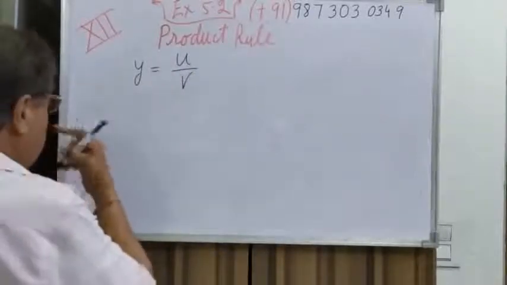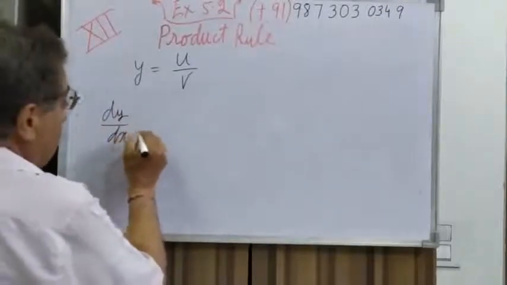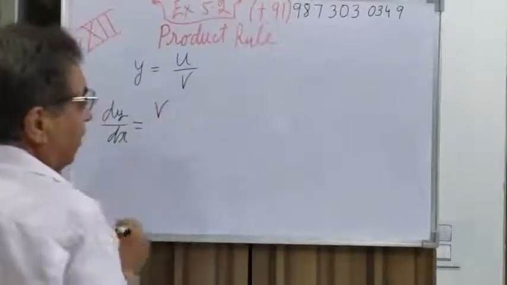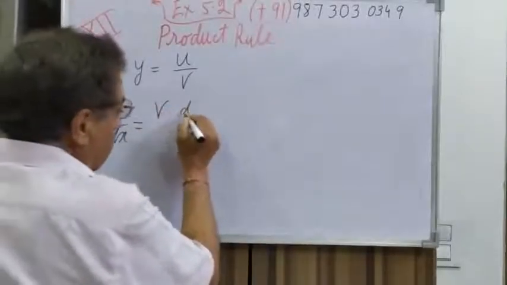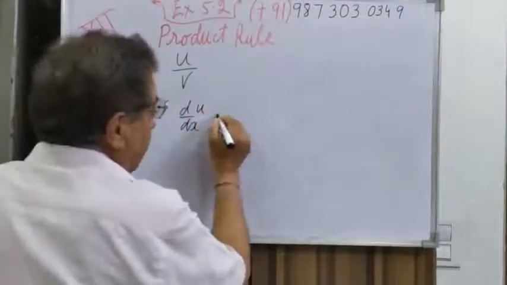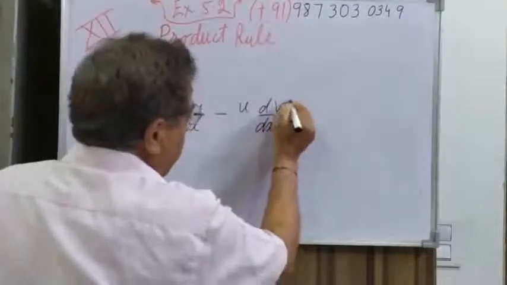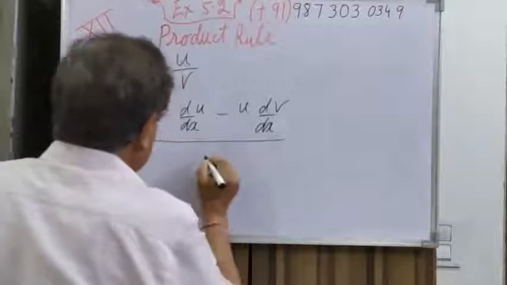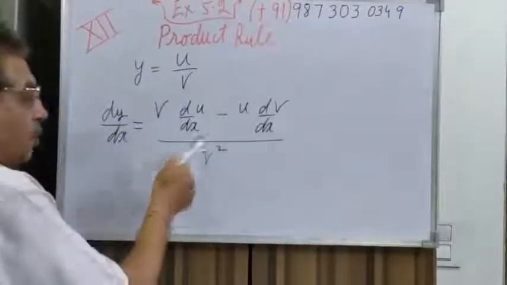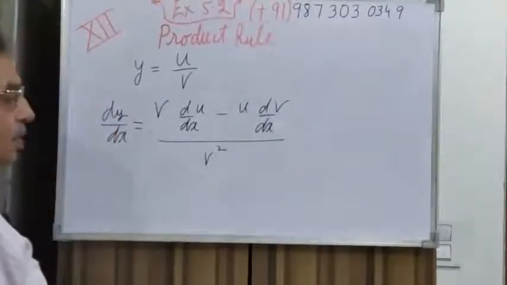Then what is the derivative of this one? dy upon dx: first take the function in the denominator, that is v into derivative of u, then put a negative sign, u into derivative of v. The whole is divided by the square of the denominator. The complete function has to be squared in the denominator. So this is called the quotient rule.